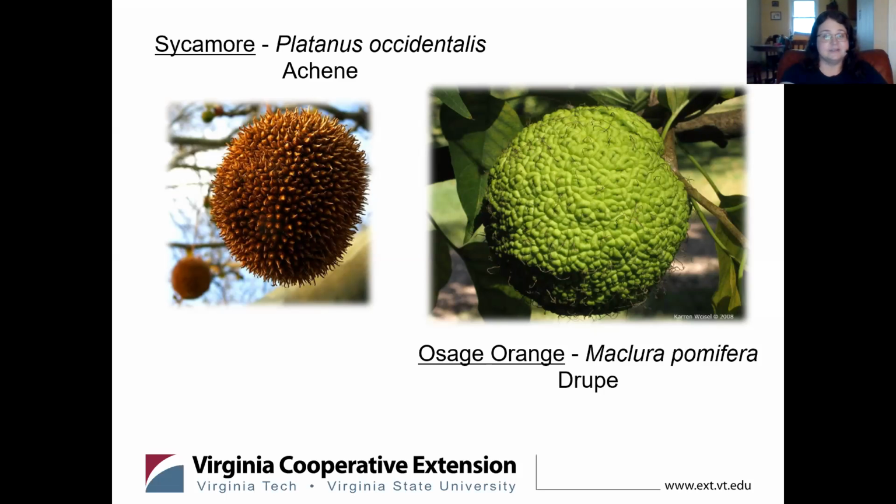Very, very large fruit though, and it's dangerous to walk under because, like I said, it's the size of a softball, so as you can imagine, it has about the same weight too. So watch out if we do walk by one of these. They have female and male trees, and we see both of them at James Madison's Montpelier when we do that class, and they would be in fruit right now too. So if you see one out in the woods or out in the wild, they would be in fruit right now if you found one.